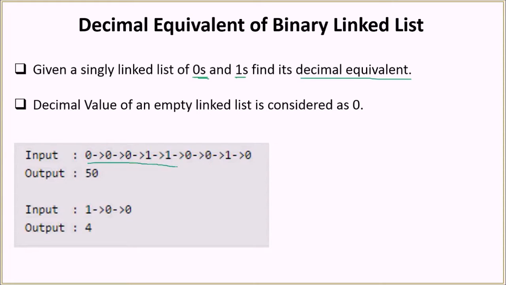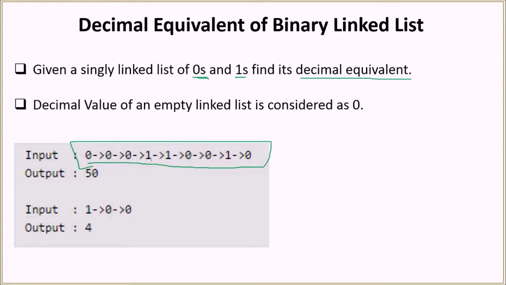This is the kind of input that we will be given. You can see that it is a singly linked list and all the elements are either 0 or 1. We'll be given this kind of linked list as input, and we have to basically convert this binary number into a decimal form.